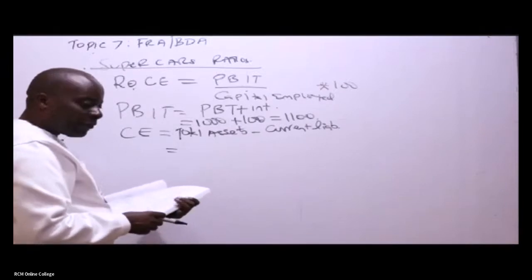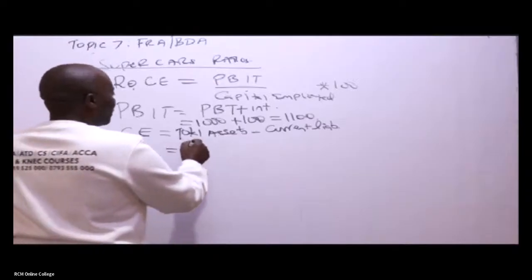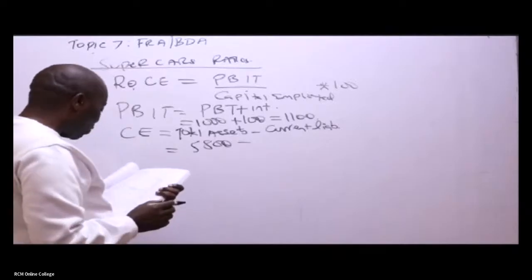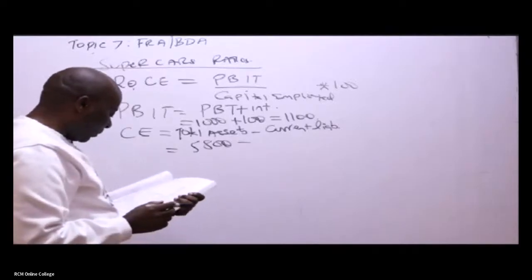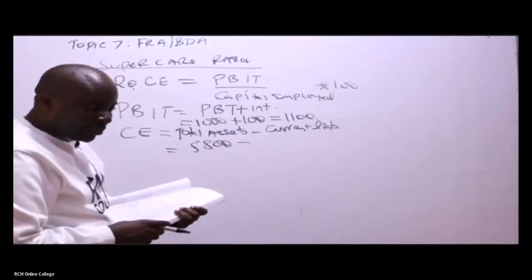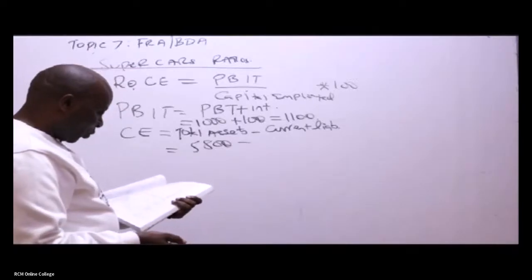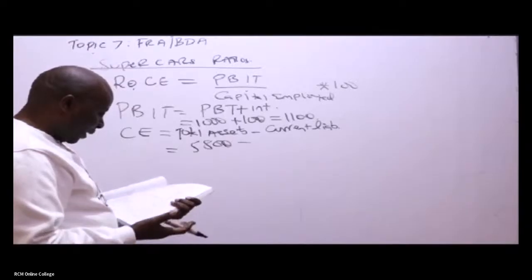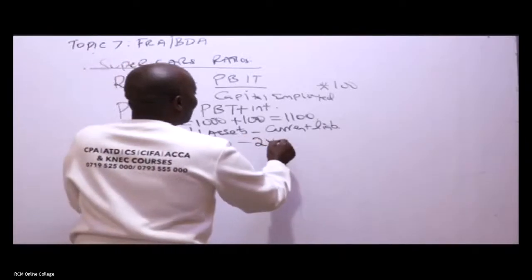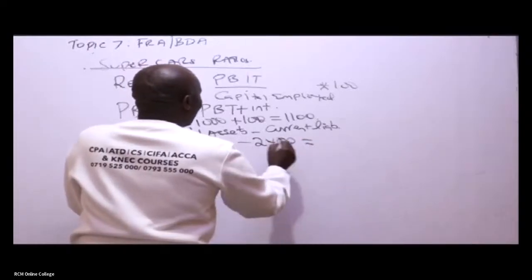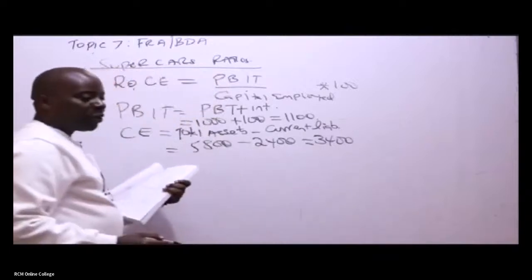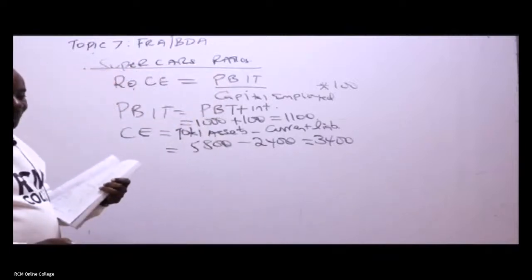The total assets are 5,800. How about current liabilities? They are 2,400, because we have trade payables, current tax, bank overdraft. So when you subtract this one from this one, it gives 3,400.